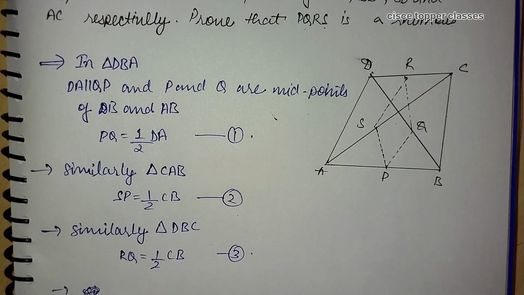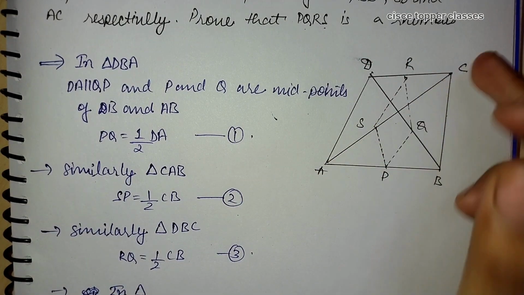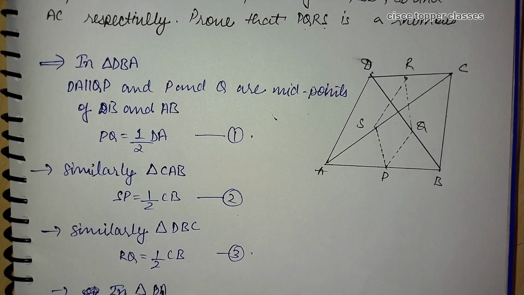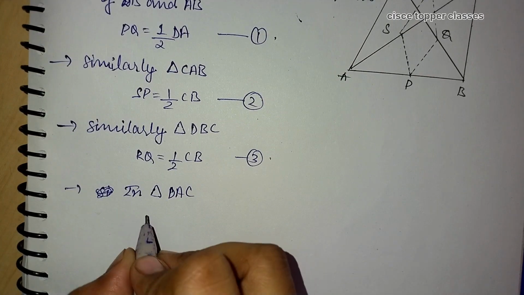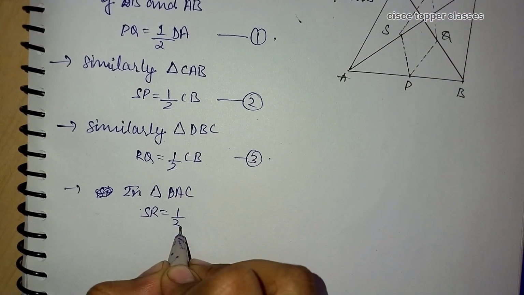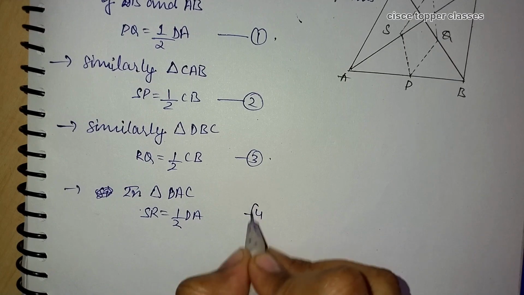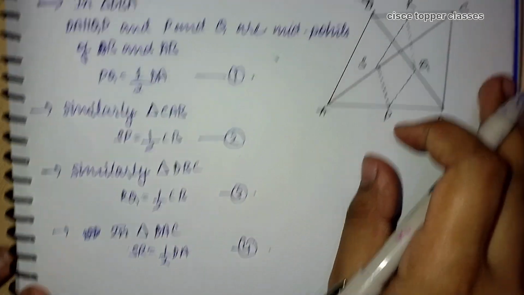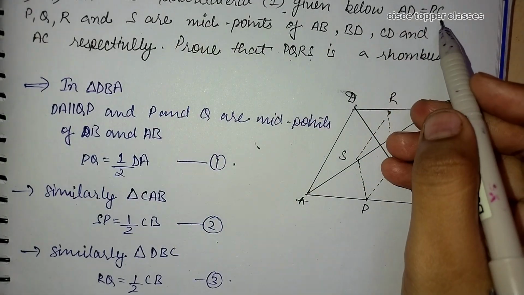Now in the last triangle, we have to take DAC. So in triangle DAC we can write SR is equal to half of DA. So this is the fourth equation, and the given information in this question is AD is equal to BC.